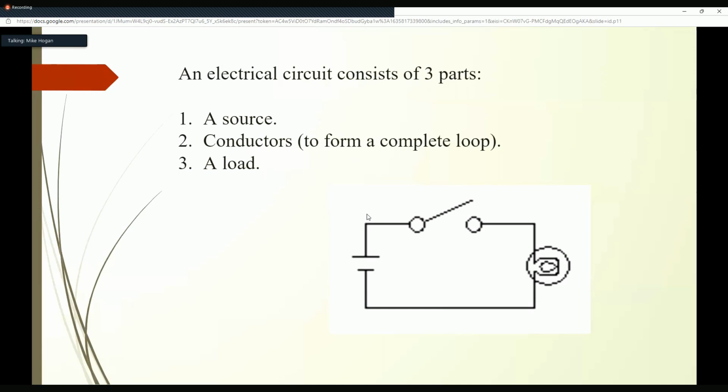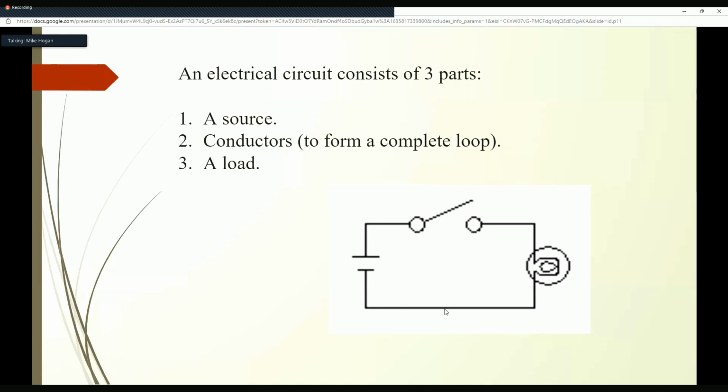So this electrical circuit consists of 3 parts: a source, a conductor, and a load. And there's some reason we've got this circuit. We've got a bulb out here that we're going to have turn on. We've got a source here, negative, positive. This is a switch. We've closed the switch and completed the loop.